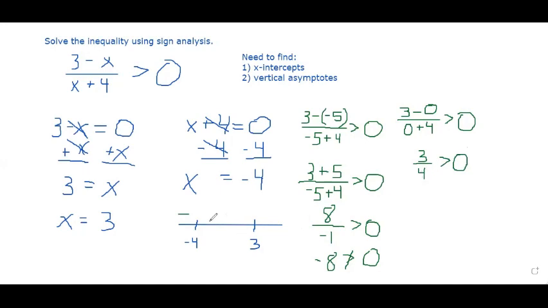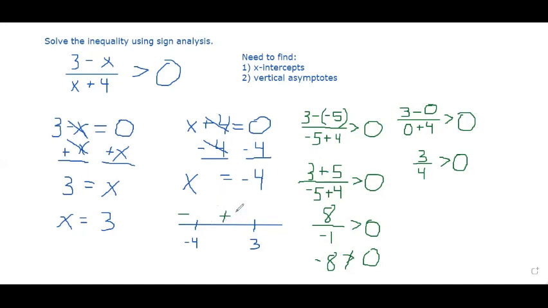Yes, it is. So we know that this region actually would work, and also the sign that we get when we choose a number from this region and put that number into the expression is positive.